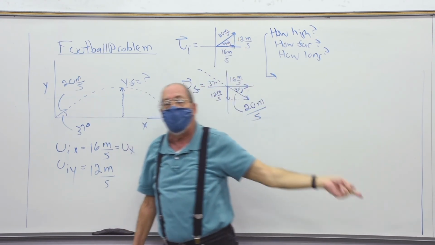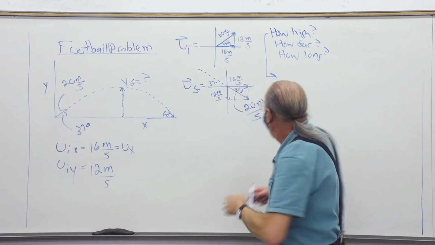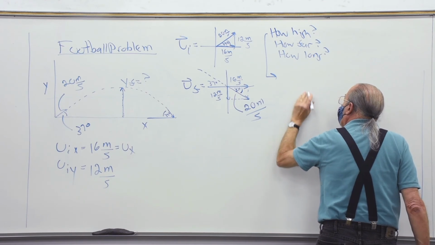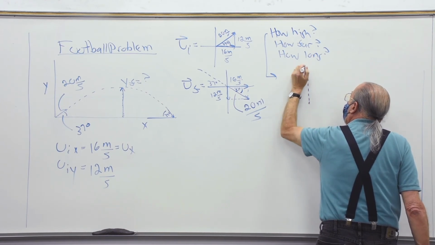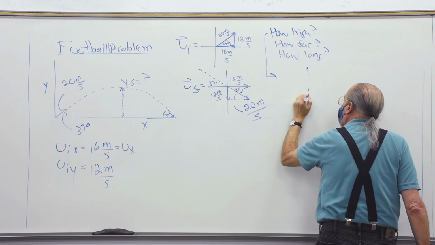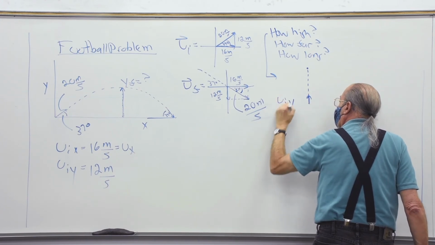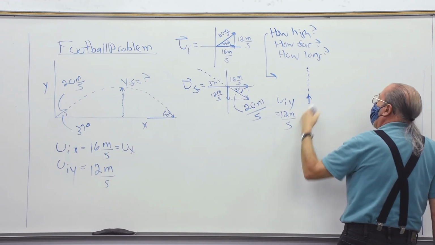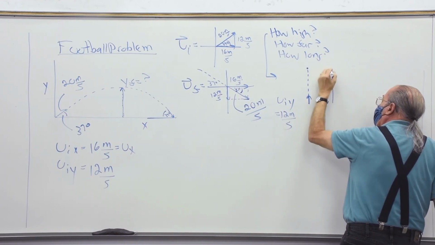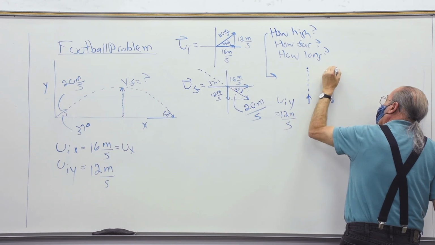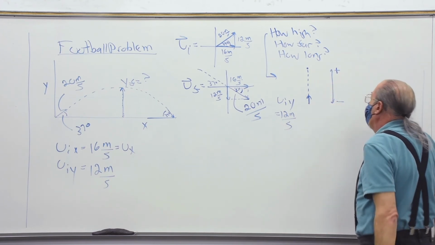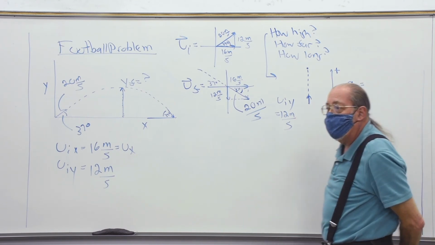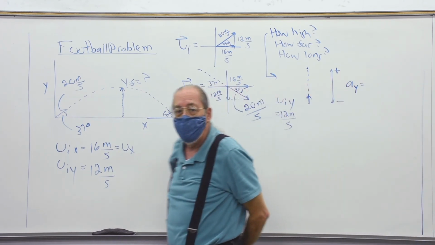So you go back to chapter 2. A ball is projected upwards at 12 meters a second. And since this is plus, I'm using this sign convention. So what is A sub y with that sign convention? This is the kind of thing you must do.